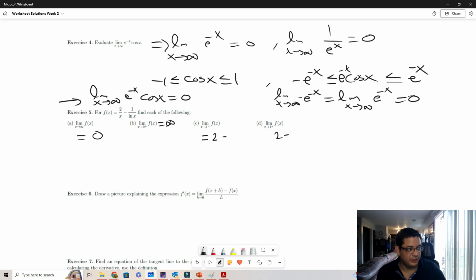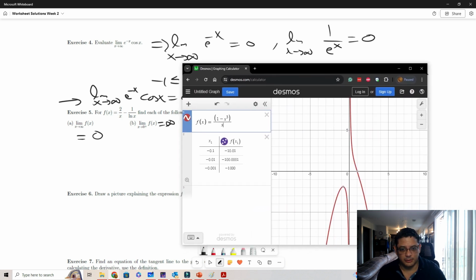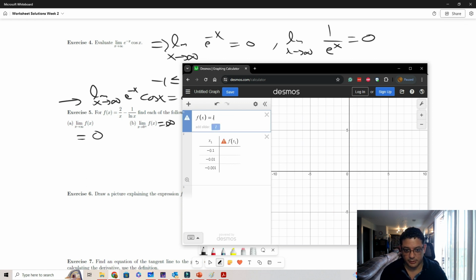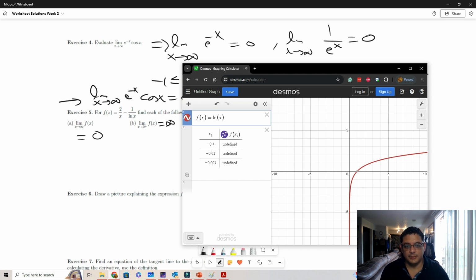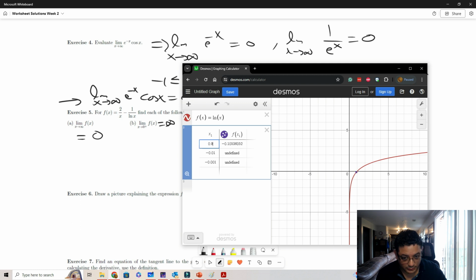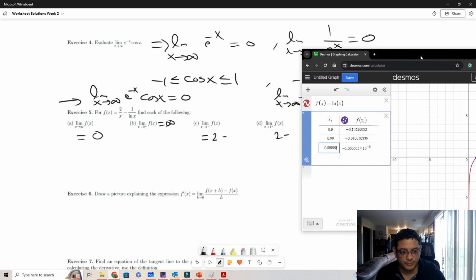So let's actually use the graph over here. Let me change this to log of x. So I'm approaching 1. So I'm using these values, and you can see here that this is a very small value, so they're large numbers.